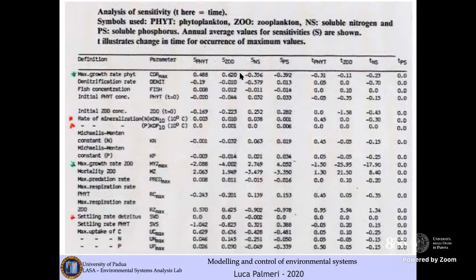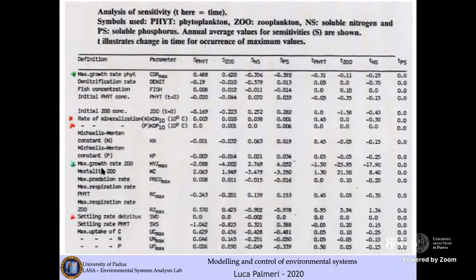This is due to the fact that zooplankton in our model here is feeding on phytoplankton. So a large number of zooplankton eating phytoplankton acts on the population of phytoplankton by lowering the maximum growth rate of the population.